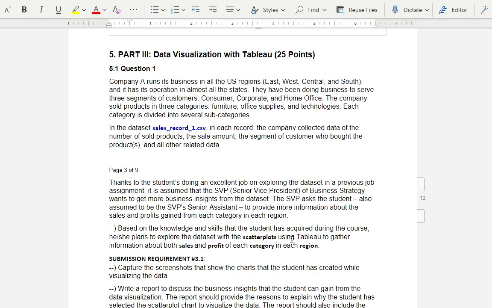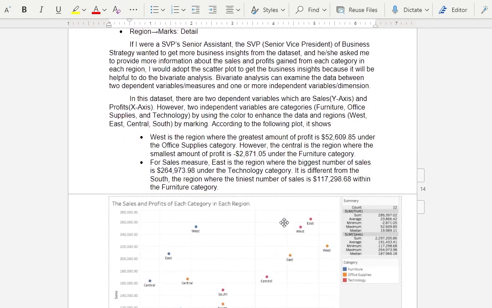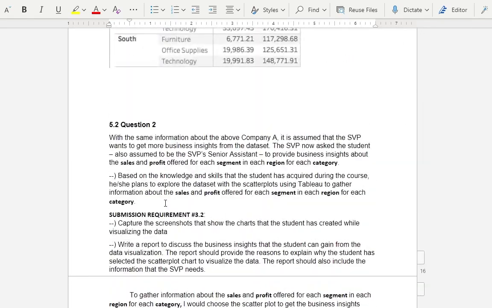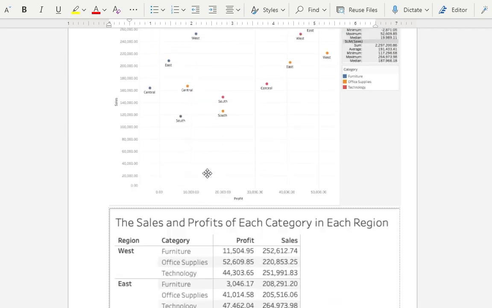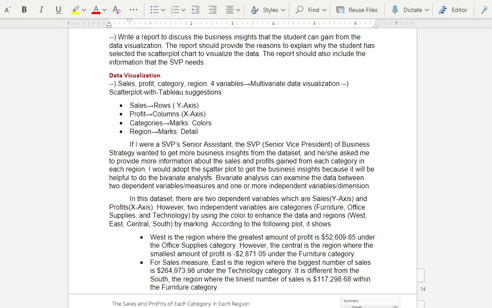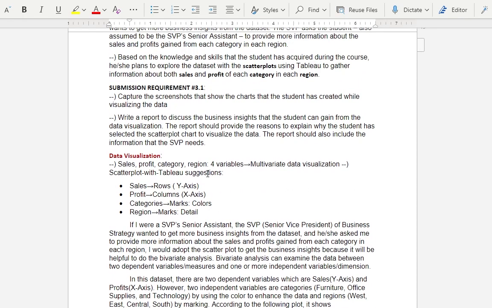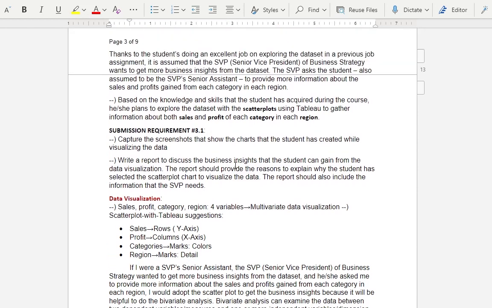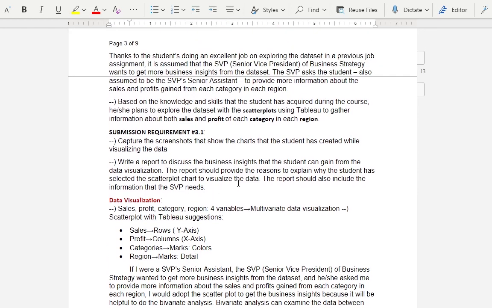This is the first question. For the second question, the SVP asked me to provide business insights about the sales and profits in each segment in each region for each category. The two questions are kind of similar, but we have more variables for the second one. So let's get started with the first part.